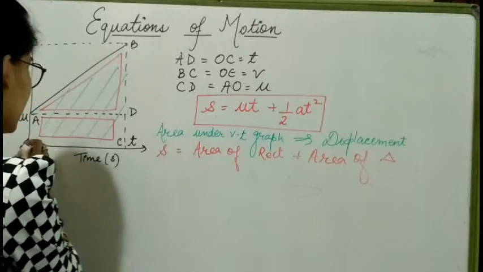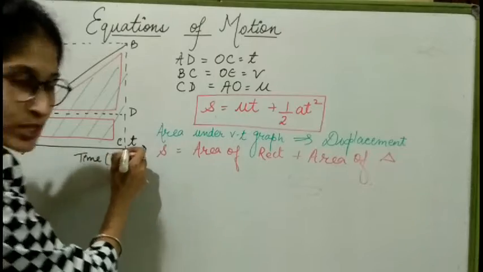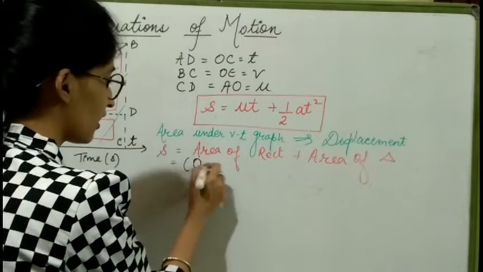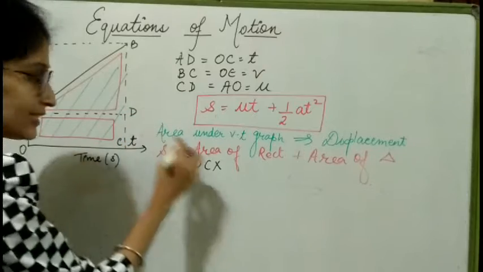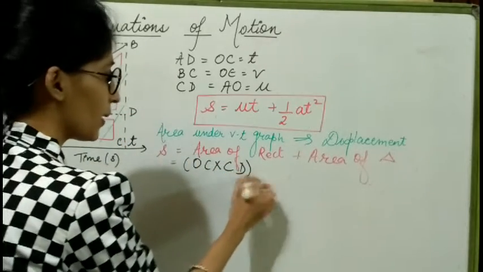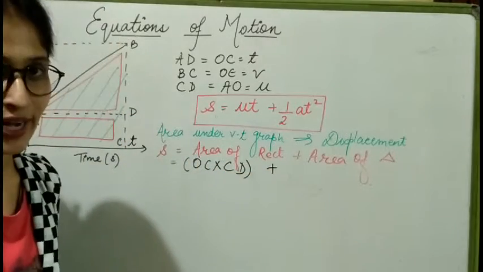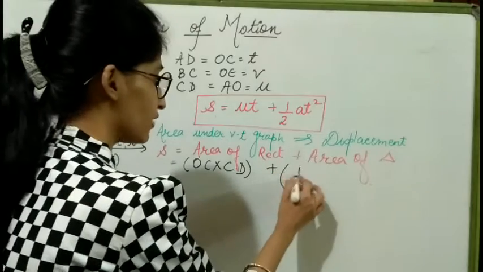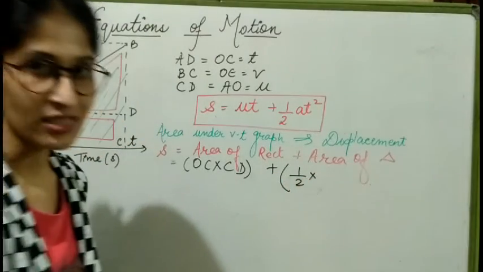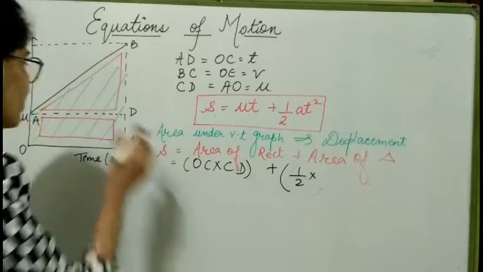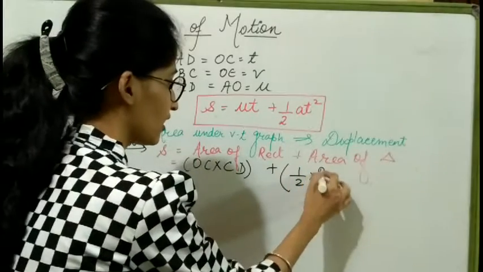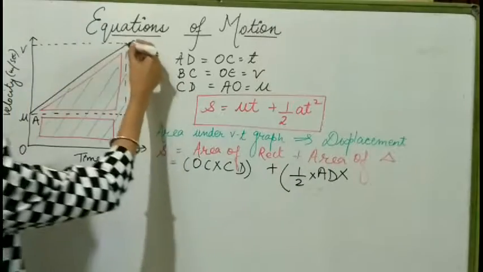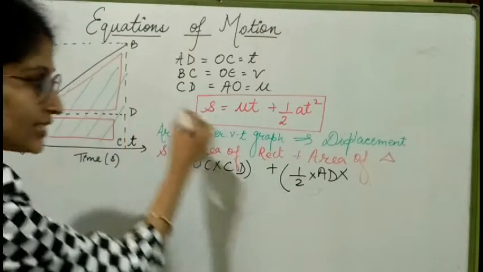In this case, the length of the rectangle is OC and the breadth of the rectangle is CD, plus area of triangle. Area of triangle is given by half base multiplied by height. Base of the triangle is AD and height of our triangle is BD.